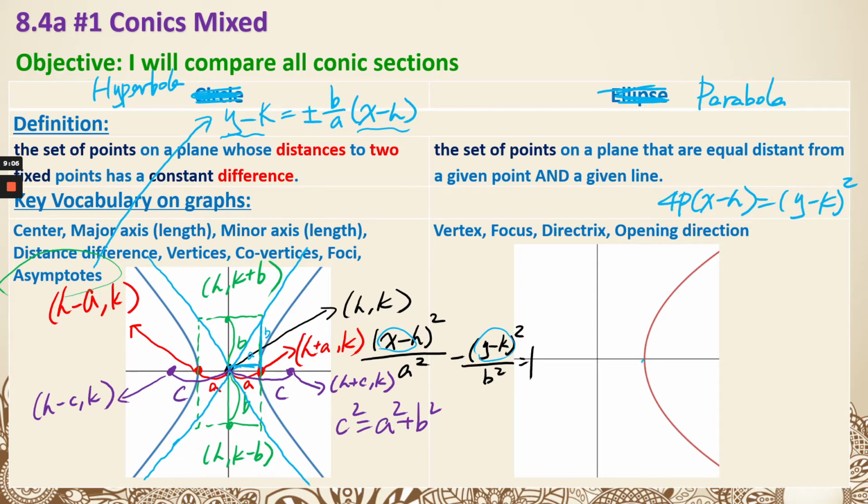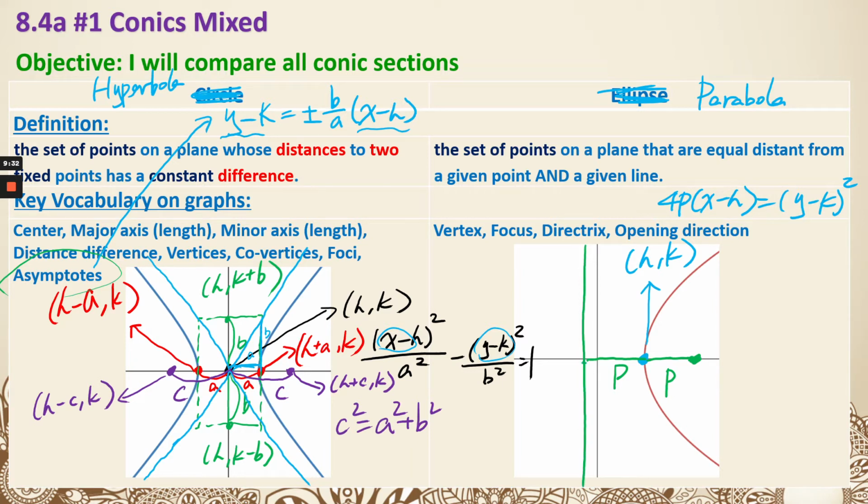Now, to begin with our vertex, same thing, let's pretend it's actually not on any axis. That means this point is going to be (h, k). And then for a parabola, something different is we have a p. p represents the distance between the focus and the vertex, and the distance between the directrix and the vertex.